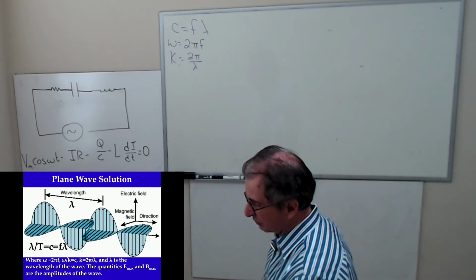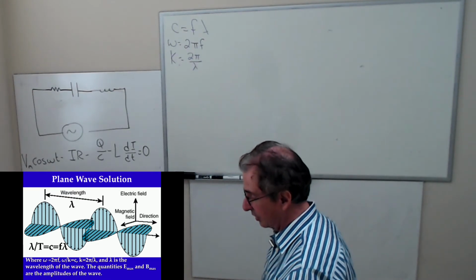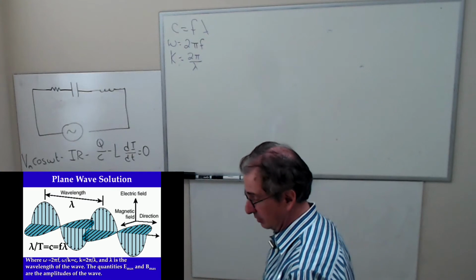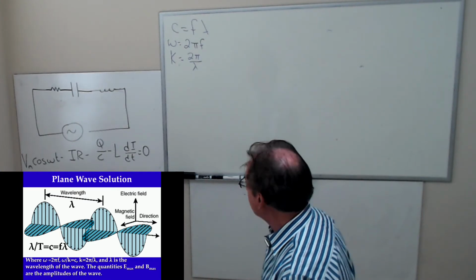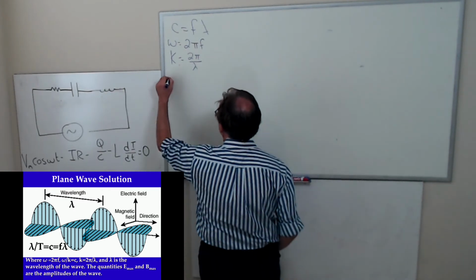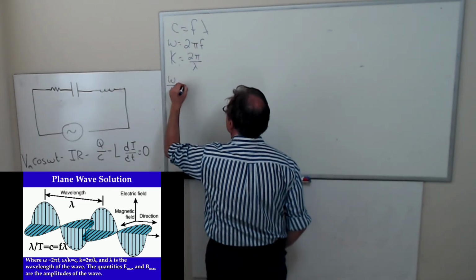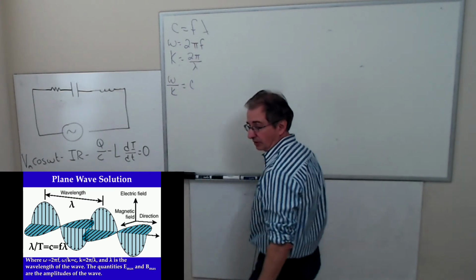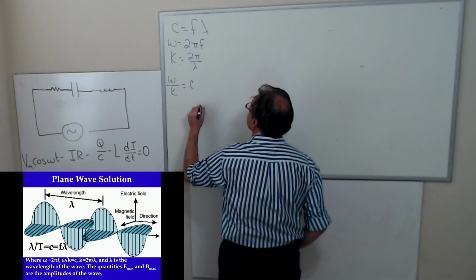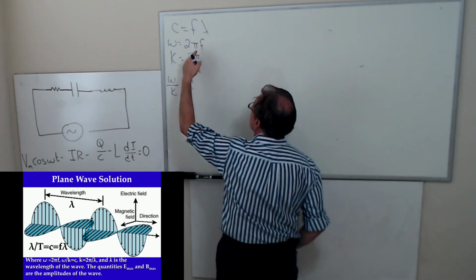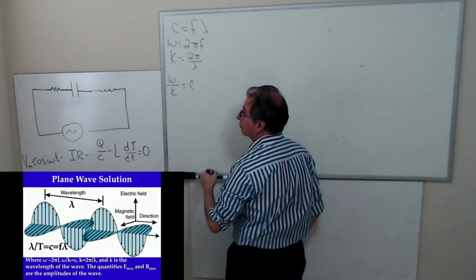It's basically related to the number of waves per cycle. And then omega over k, you can see that omega over k is the speed of light. And can you show that? Well, I take this equation, and multiply the denominator by 2 pi.